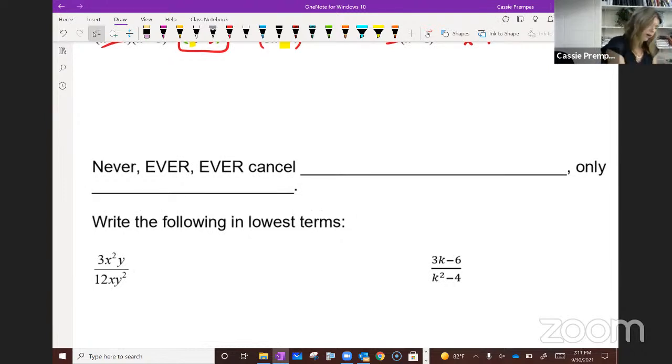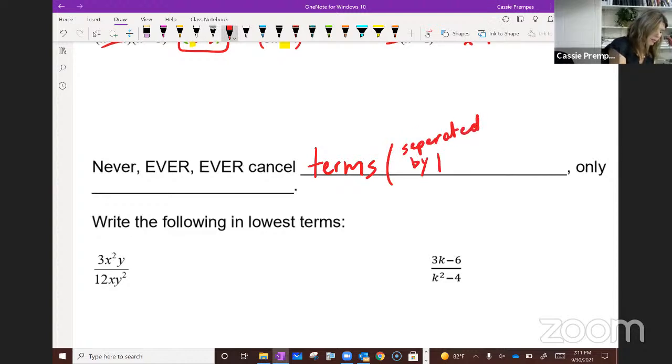Never, ever, ever, ever cancel terms. You guys know what terms are. You listed them on your quiz. Terms have pluses and minuses with them, or you could say they're separated by plus or minus signs.